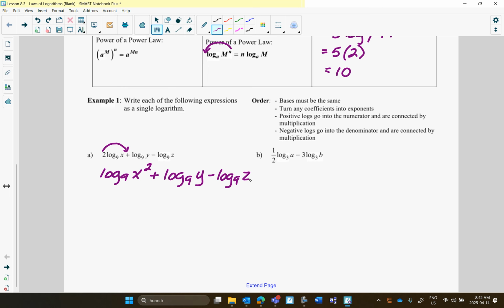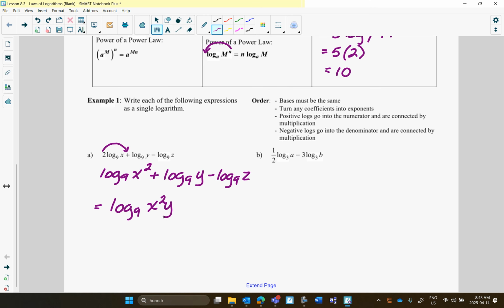So now I've got nothing in front of the logs. Now I could use the other two laws. If I combine these into a single log, because it's addition, doesn't this become multiplication? And then if I subtract, doesn't this become division? So I'm going to multiply these two and divide that. So to express it as a single log, these two become x squared times y.